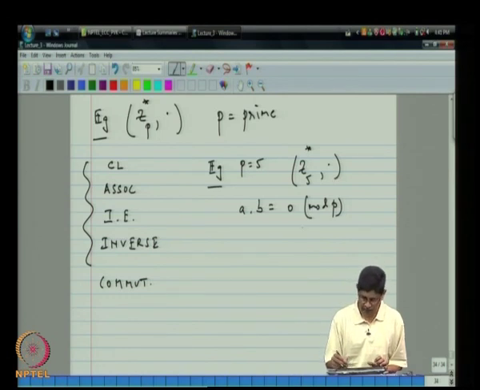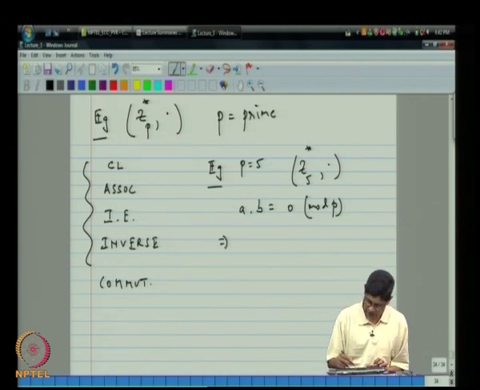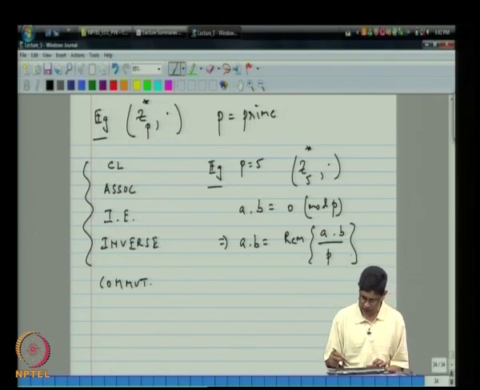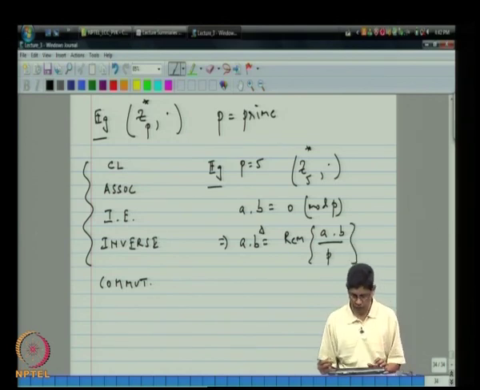But this is clearly impossible, because when you say A times B, what you really mean is the remainder when you multiply A times B and divide by P. This is how you define it.